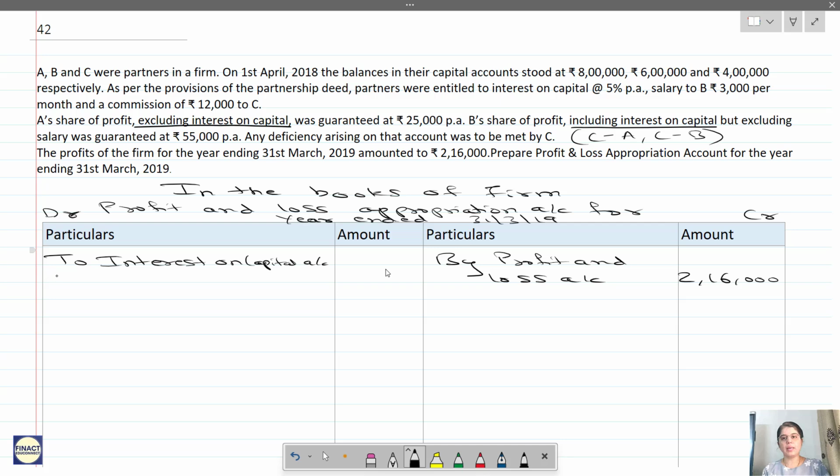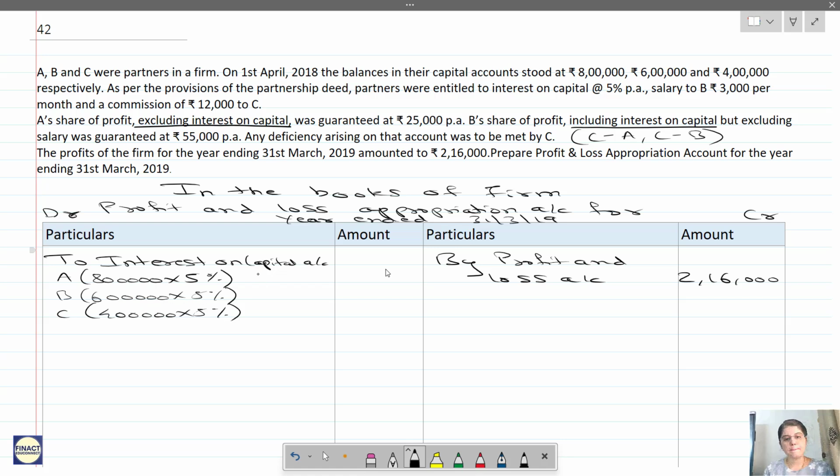We have A, B and C, right? So for A, 8 lakh into 5%, for B 6 lakhs into 5%, and C is 4 lakh into 5%.